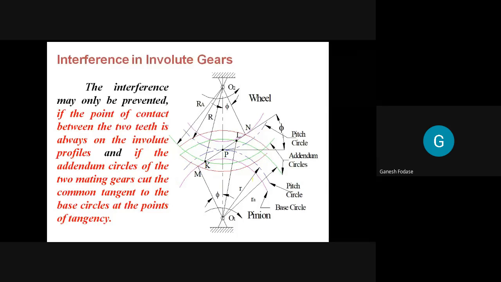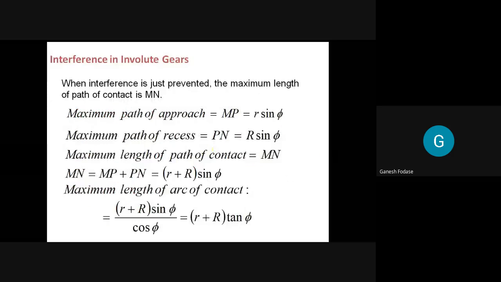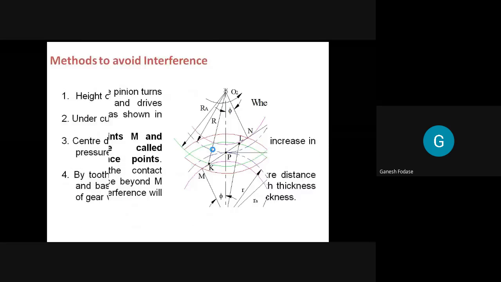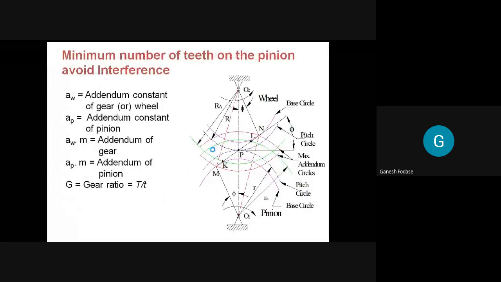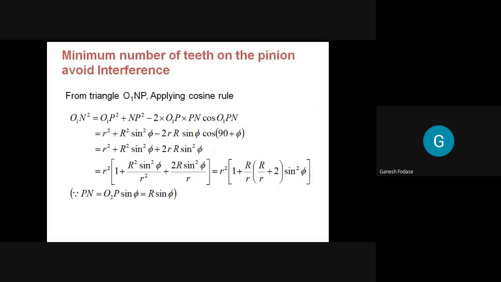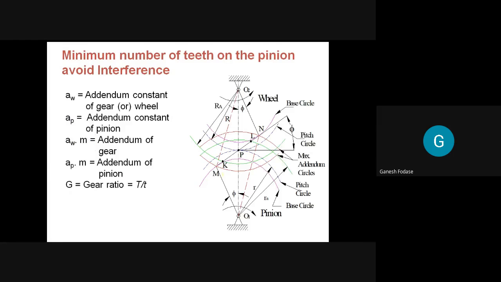So to avoid the interference, we can increase the addendum radius of the pinion up to O1N. This will be the maximum addendum circle, you can see this one is the addendum circle. I'm saying this is the maximum addendum circle. So addendum is equal to the addendum circle radius minus the pitch circle radius.